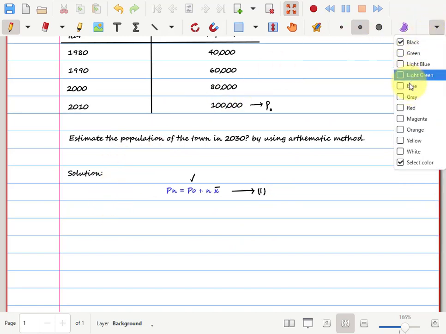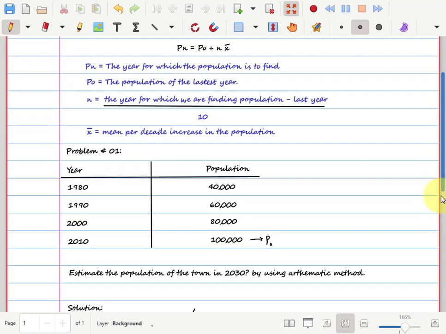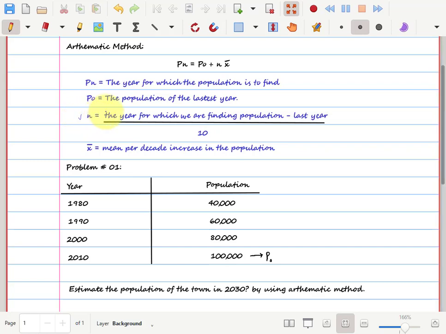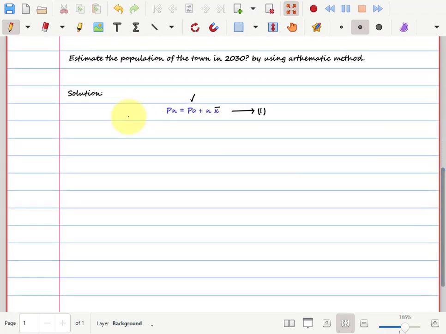Let's try to find out n first. As we have discussed above, n is equal to the year for which we are finding the population, 2030, right, minus last year, which is 2010, divided by 10, right, decade.